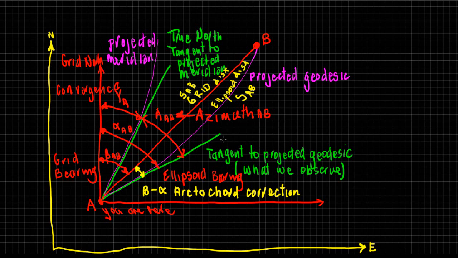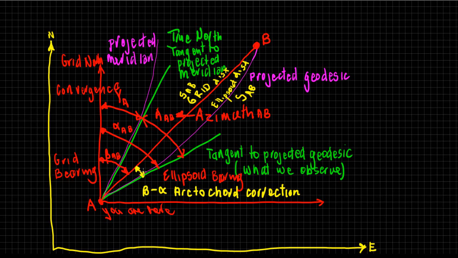So if we have a little bit of a look at this, here we've got our convergence, and here we've got what we call our ellipsoid bearing, which is round through here. Our grid bearing would be round through here, and then we've got what we call our azimuth, which is this in here.